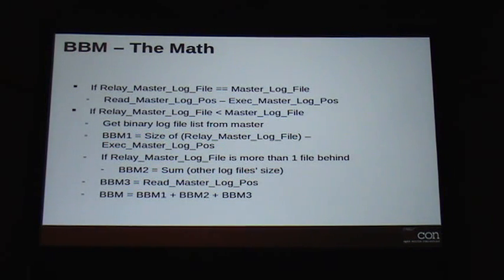If we're more than one, then we have to keep adding the sizes of the files that are sitting in the middle, and calculate the difference for the one where we're executing, adding the current size of the binary log that we're reading from the master.